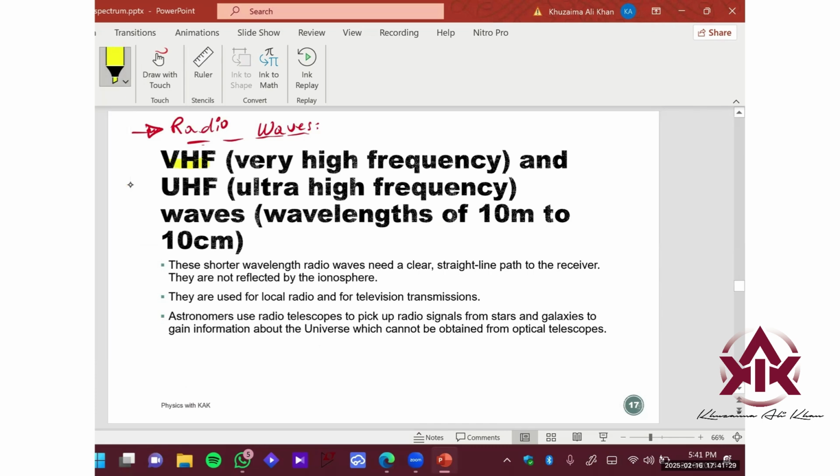So we have very high frequency here, and then we have ultra high frequency waves here, right? And this basically lies in the range of wavelength from 0.001 meters to 10 meters, right?